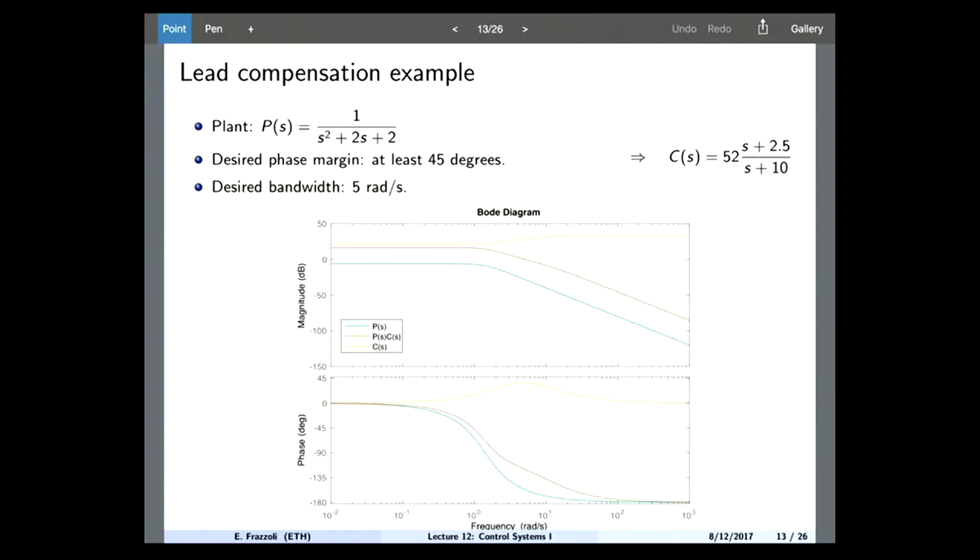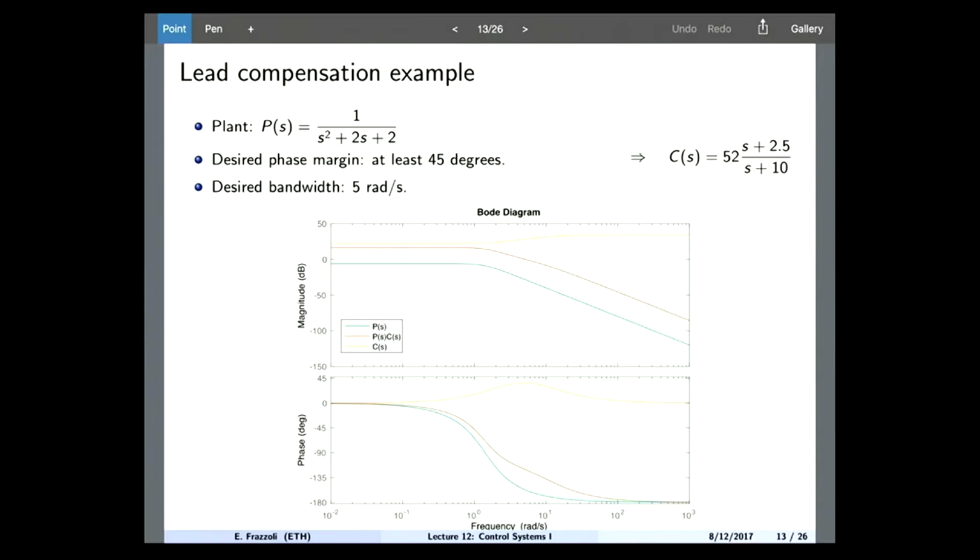What is 5? So it's 1, 2, 3, 4, 5, right? So 5 will be here. So I can just increase the gain by as much as I need to get the crossover at this point, okay?